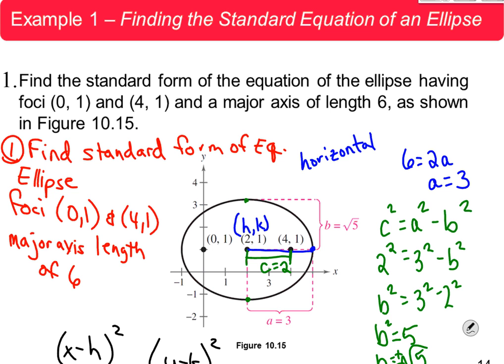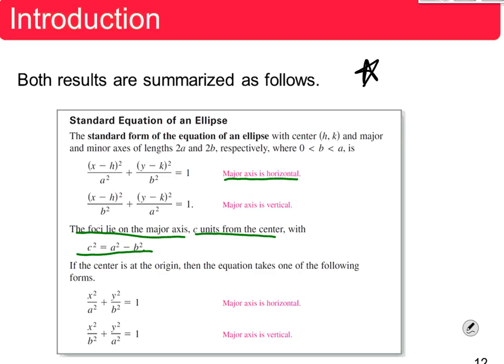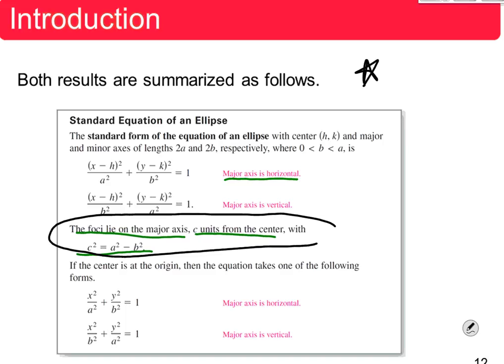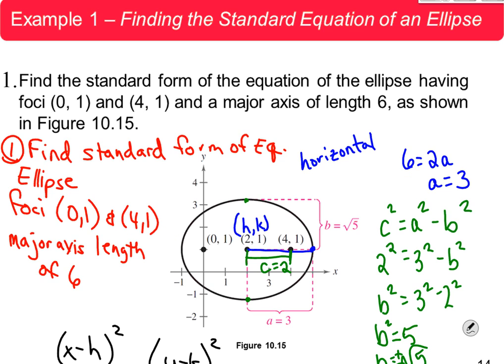Nope, I did not. It's maybe here. So when we're looking for the foci, we're going to use this equation, c squared equals a squared minus b squared. And so now I'll go back to our problem and find that.